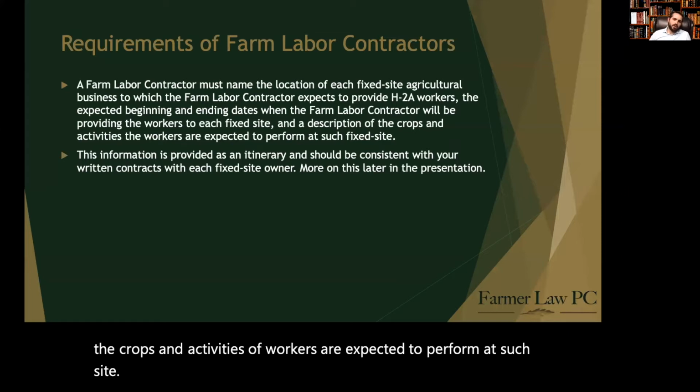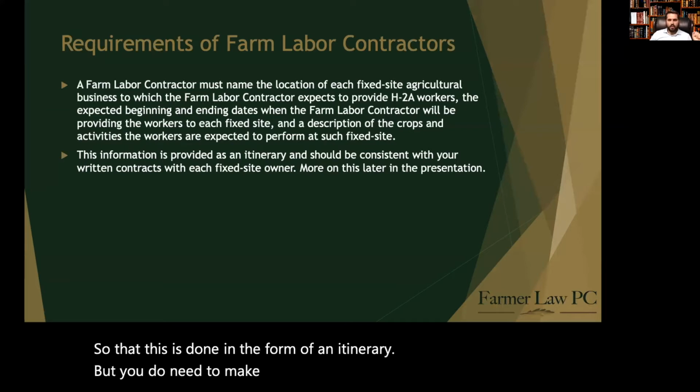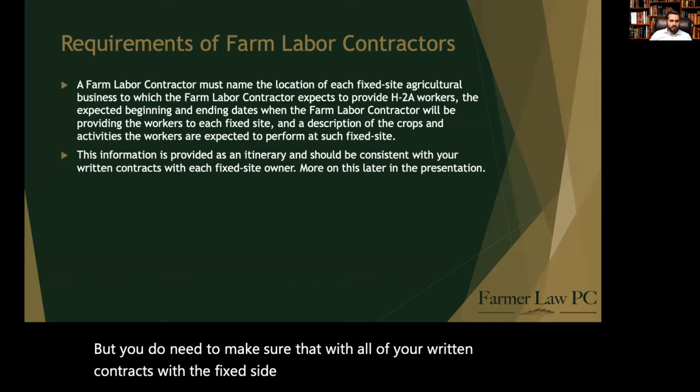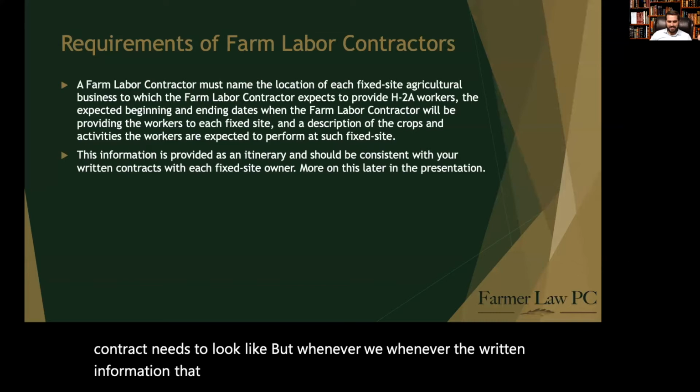This is done in the form of an itinerary, but you do need to make sure that the written information you're providing on your itinerary is consistent with all of your written contracts with the fixed site owners, which we'll get into, including what that contract needs to look like.